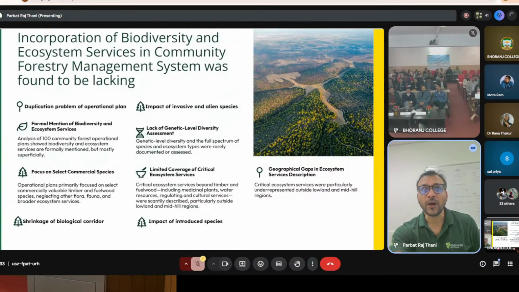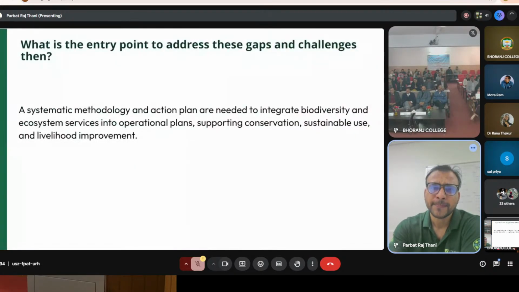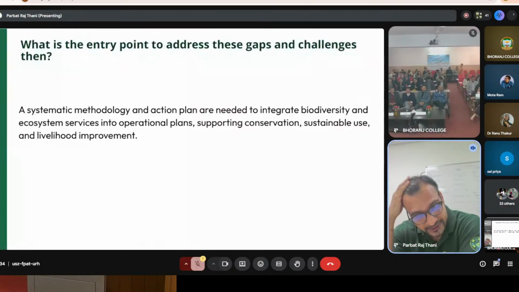Overall, these problems helped us understand the status and the gap at the moment in community forests. And then, what is the entry point to incorporate all these things so that those gaps and problems can be solved?